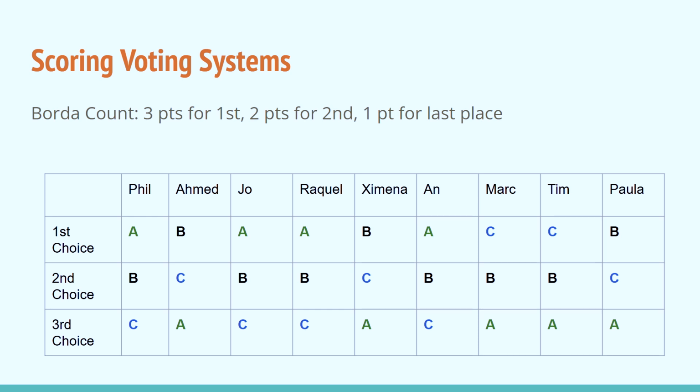So does this look familiar? Yeah, when I teach this in math for liberal arts, or I teach this with middle schoolers sometimes too, if I give them a table like this and don't give them any other information, I just say, decide what the best option is, 50% of them come up with some point system.